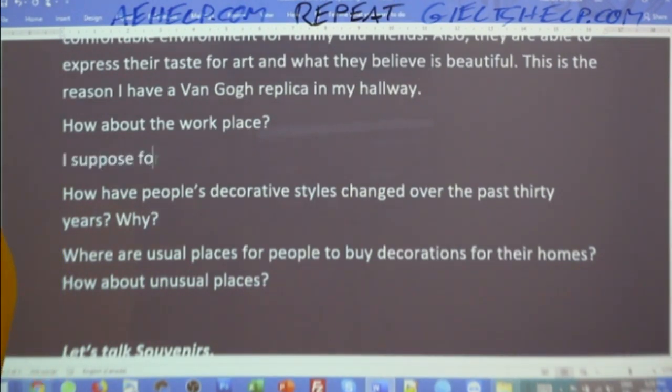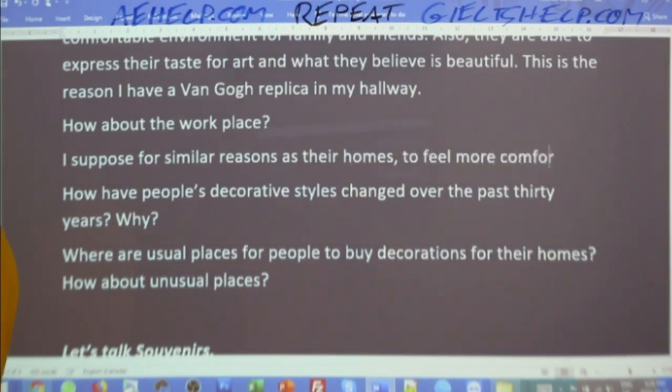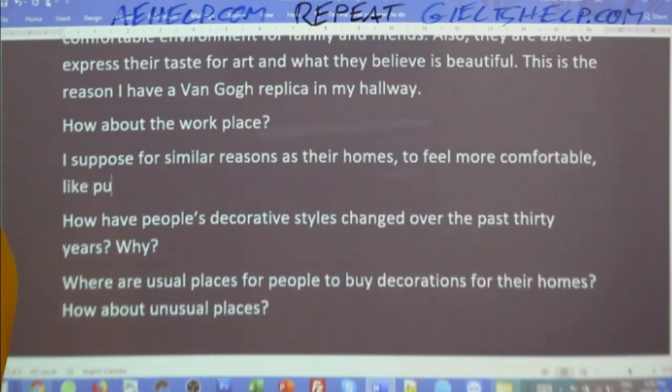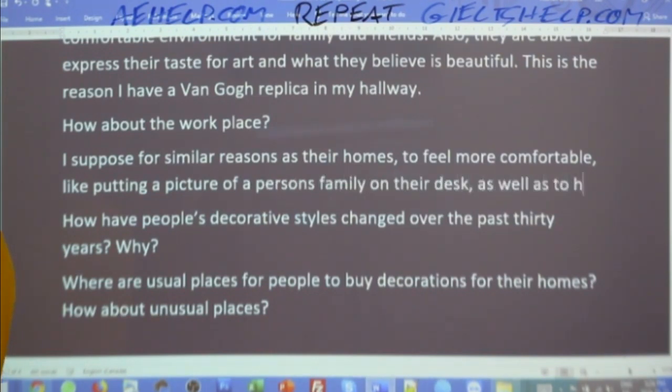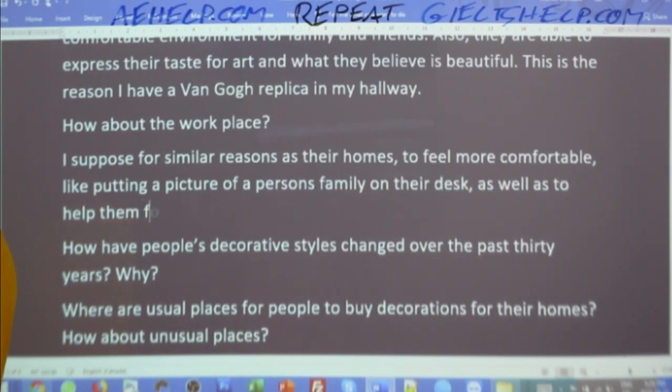I suppose for similar reasons as their homes, to feel more comfortable, like putting a picture of a person's family on their desk, as well as to help them focus and stay energetic.